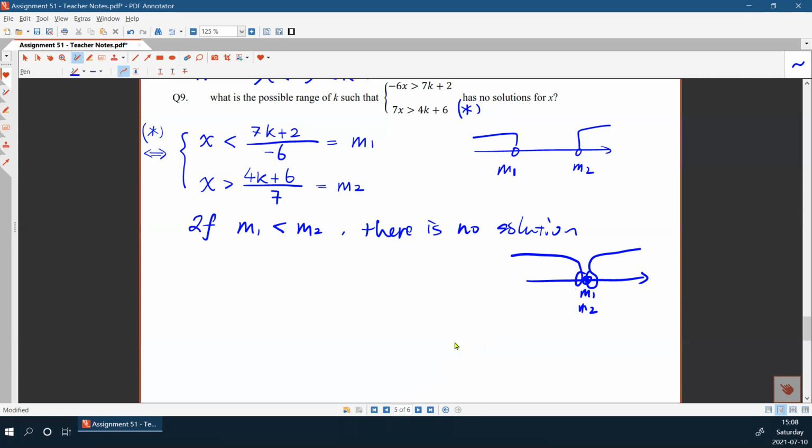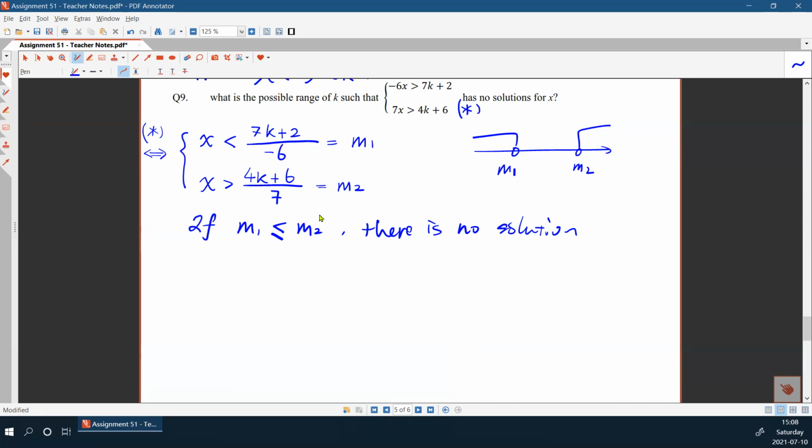Can the two numbers be equal? If the two numbers are equal, is there any solution for x? There is also no solution for x, right? So of course, the two numbers can be equal. So pay attention to the corner case.